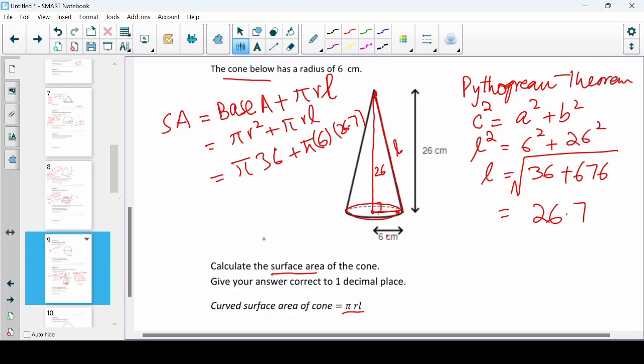This gives us 616.0 centimeters squared. So this should be our answer.